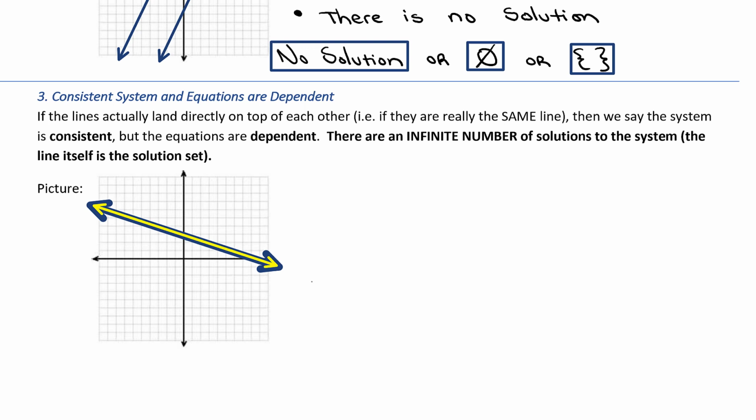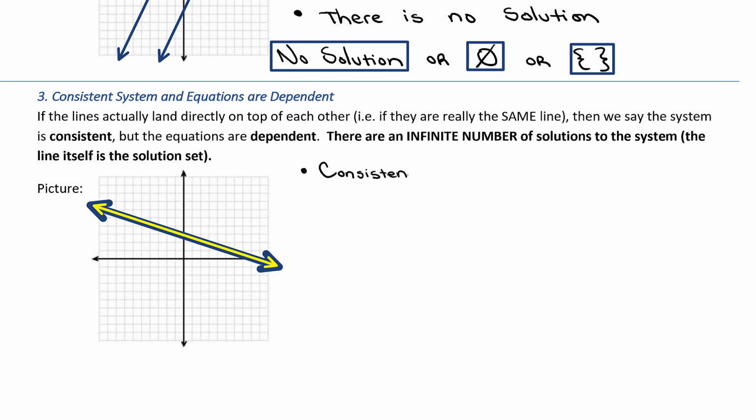So for the picture on this one, I attempted to draw a line on top of another line. I hope that's clear for you to see. So on the XY coordinate plane, I drew a thicker line, and then on top of that line, I tried to draw a thinner line that was lighter in color, so it would stand out that it looks like a line on top of another line.